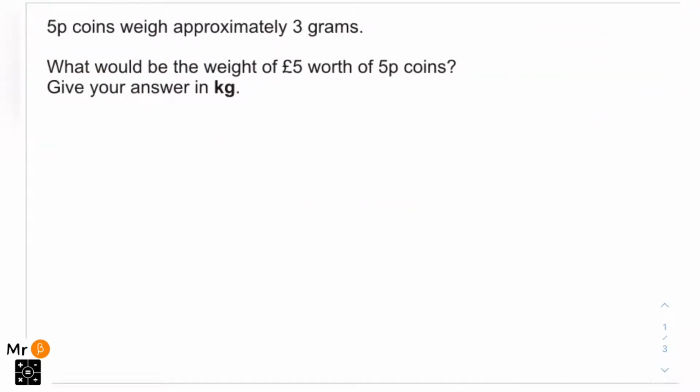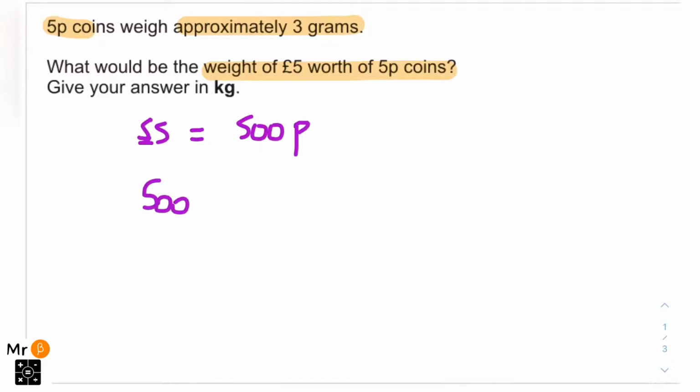So question 4. It tells you that 5p coins weigh approximately 3 grams. What's the weight of £5 of 5p coins? So first of all, £5 we know is exactly the same as 500 pennies. If we divide the 500 by 5, it'll tell me how many 5p coins we have, which is 100.